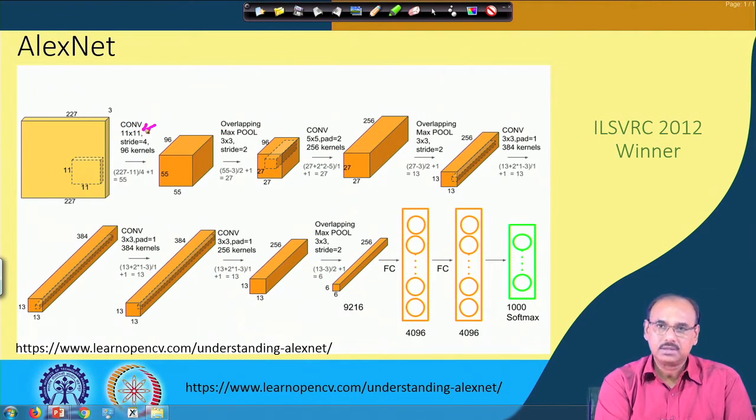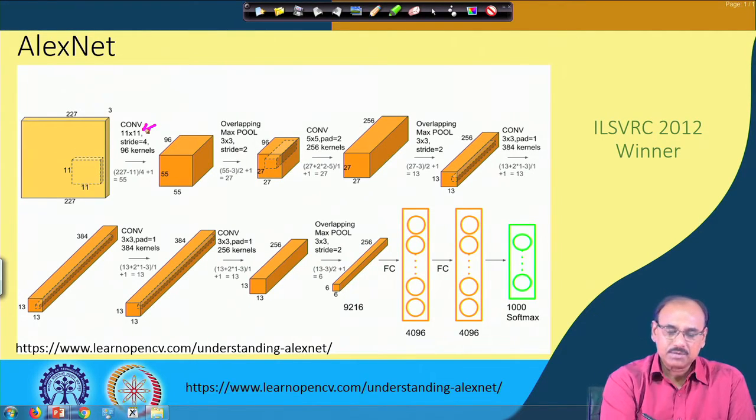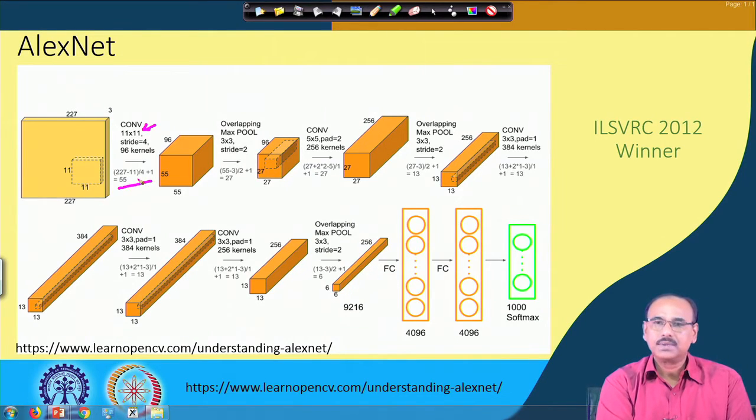The output contains 96 different feature maps, and each feature map is of size 55 by 55. That comes from this calculation: every input is of size 227 by 227, and you have convolution kernels of size 11 by 11.